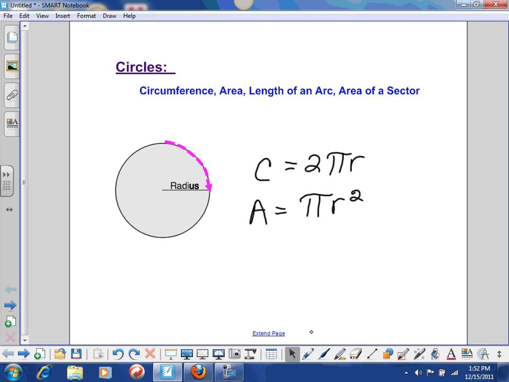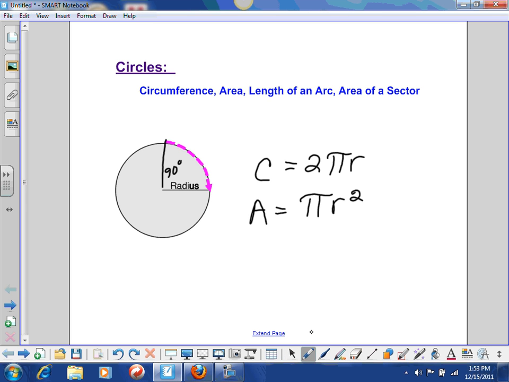The first thing you're going to have to know is, let's just make this a little easy. I made it 90 degrees. We can work with that. So an arc is just the outside, but you need to know that interior angle.